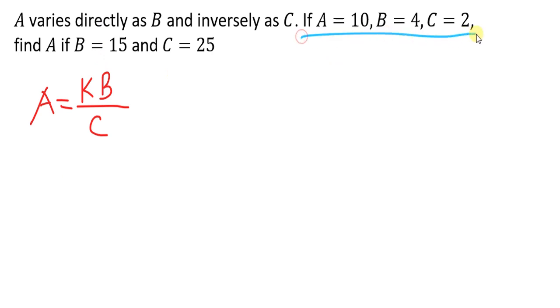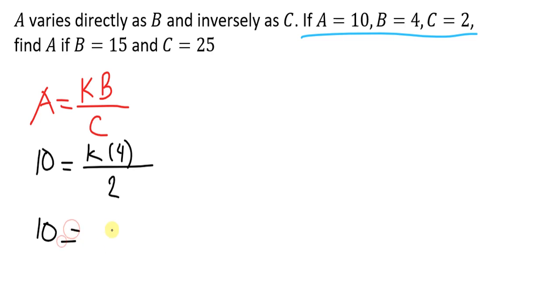So, ito muna tayo. So, A is 10. And that is equal to K times B is 4. And then yung C is 2. So, ganyan siya. So, this 10 is equal to 4 times K. K times 4, that is 4K. Divided by 2. So, hanapin lang natin yung value ng K. So, cross multiplication, 4K times 1 is 4K.